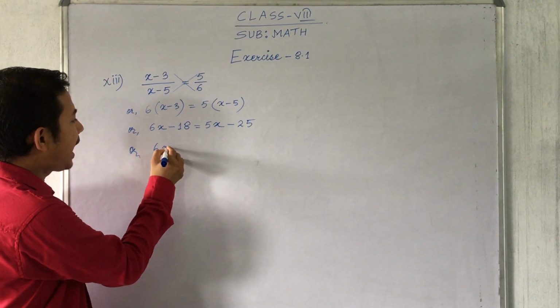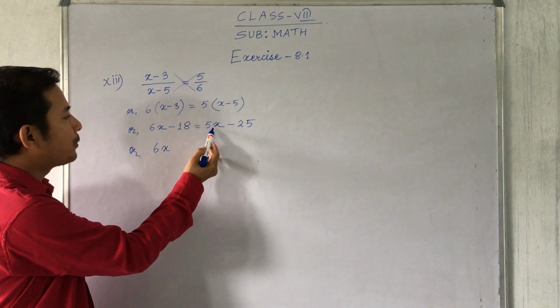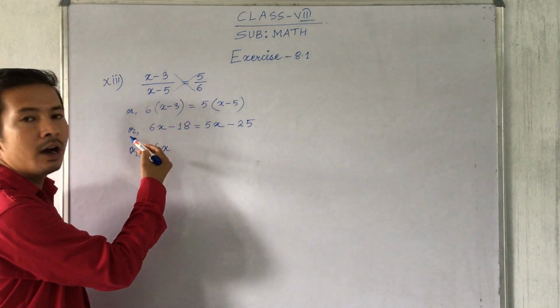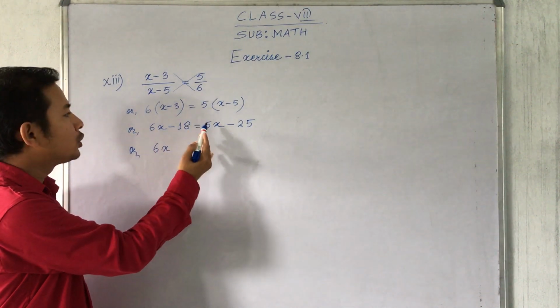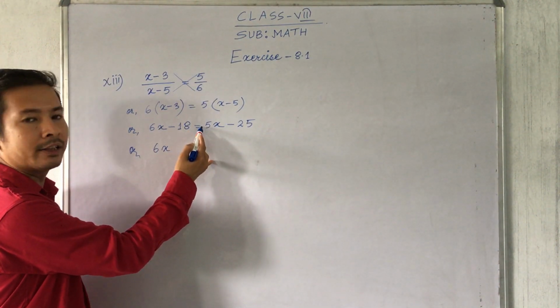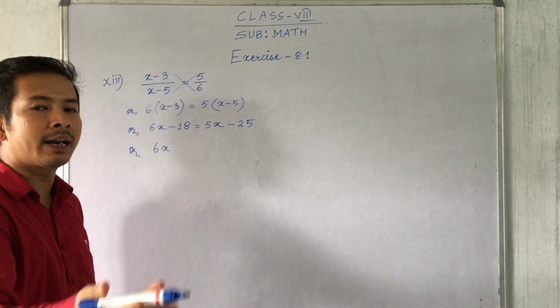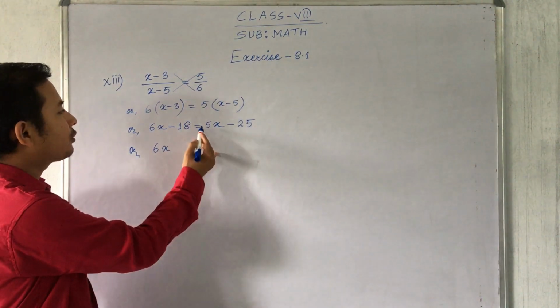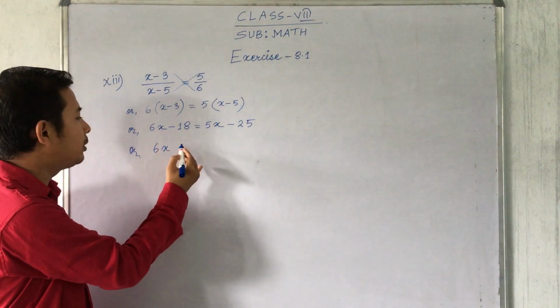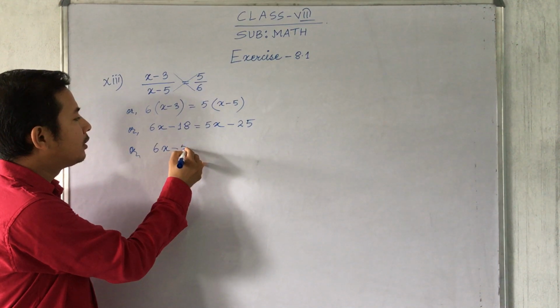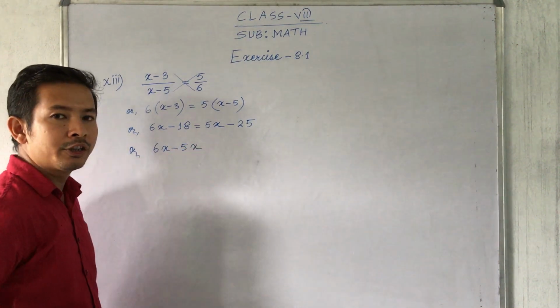So look at here, 6x write as it is, but now I am going to write 5x to the left side. In front of 5x, which sign is there? There is no sign, that means we should understand there is plus. So plus 5x, if you write it to the left hand side, it will be minus 5x. Understood?